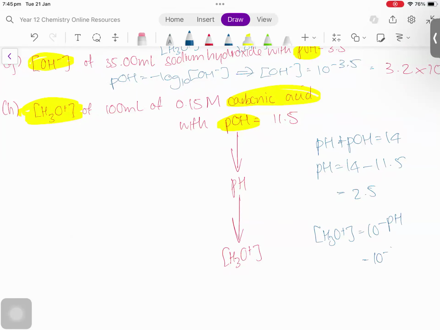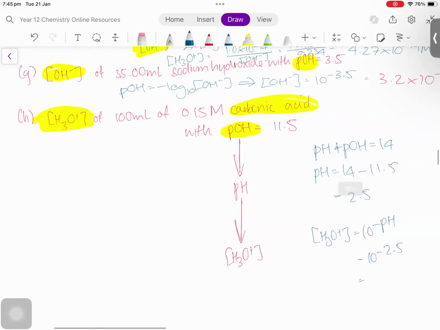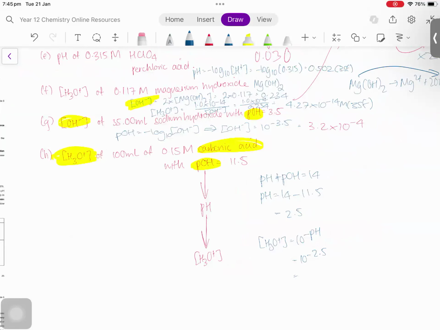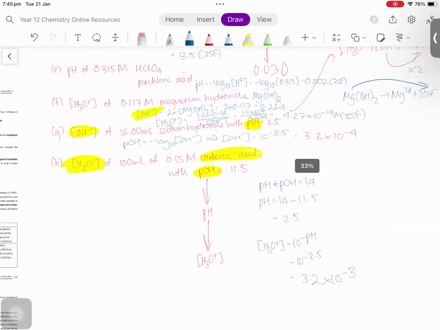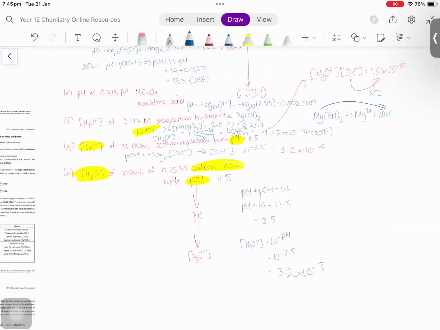So 10 to the minus 2.5. And that's 3.2 times 10 to the minus 3. Any questions, let me know.